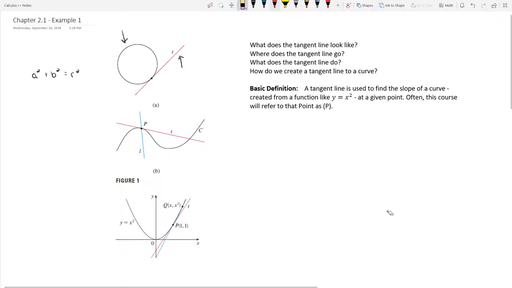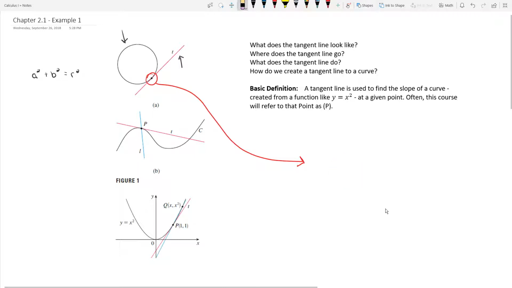Using a tangent line is going to allow us to find that slope. If I were to magnify this point and I brought it out here, remember it's magnified, I would simply have a portion of the curve, and this would be our point.